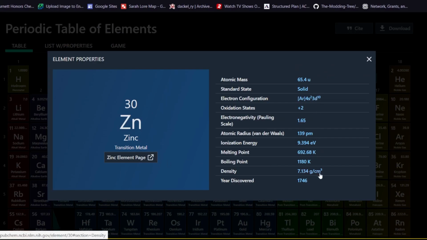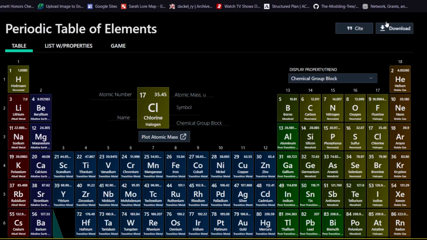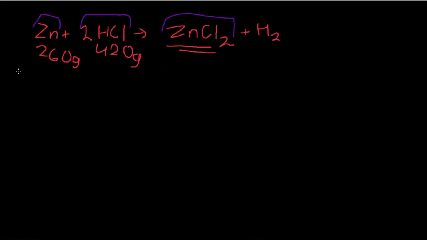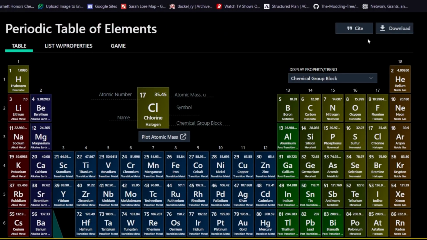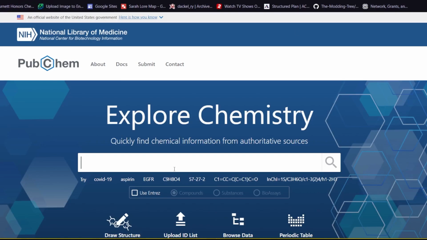Its atomic mass is 65.4. So zinc's is 65.4 grams per mole. Then we pull this back up and we look for, what are we looking for next?